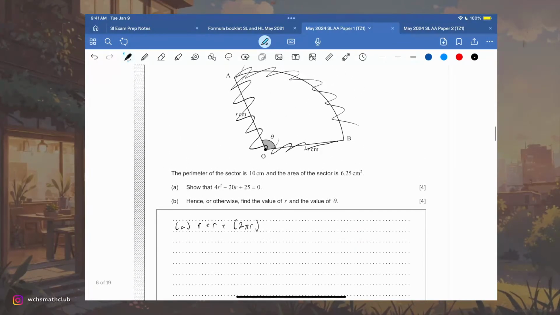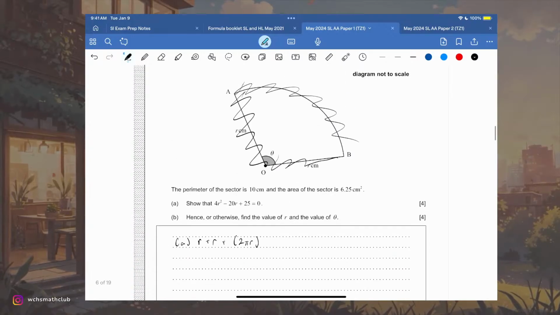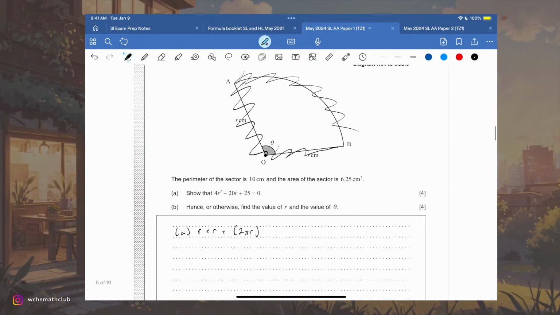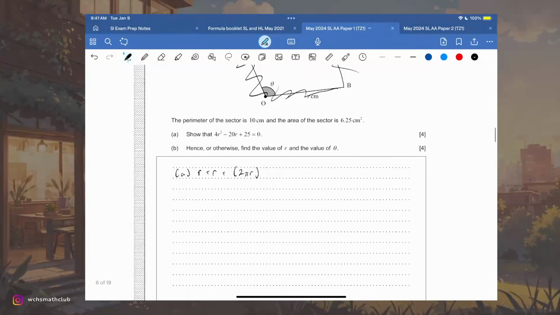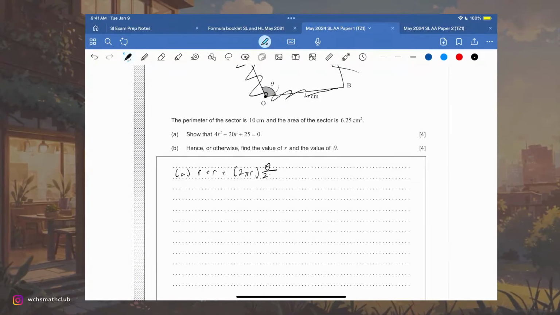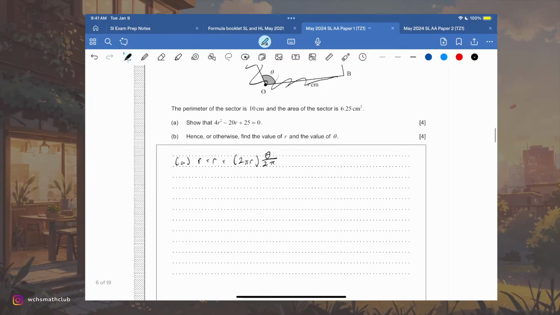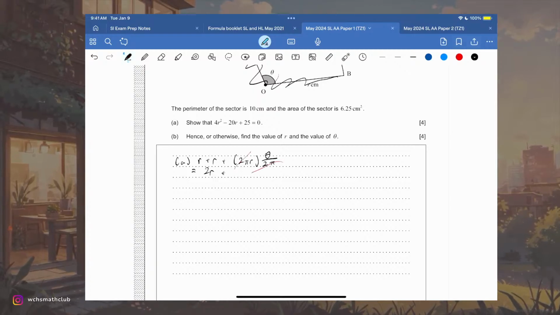So that's going to be theta over 2 pi. So that's the angle that it subtends. Now we can simplify this a little bit further. This equals 2r plus, and these 2 pi's cancel out, so we're just left with theta times r.